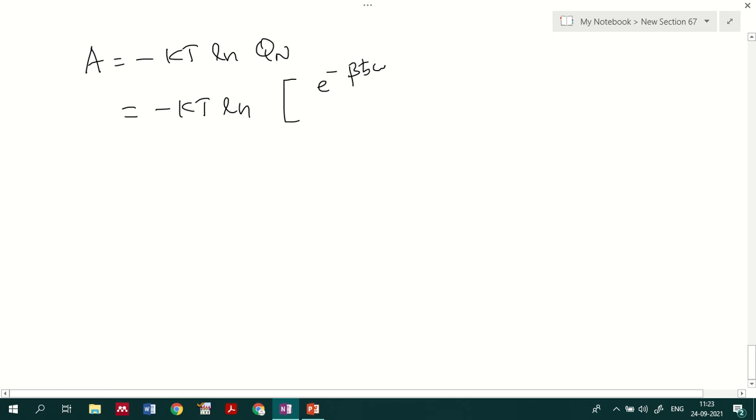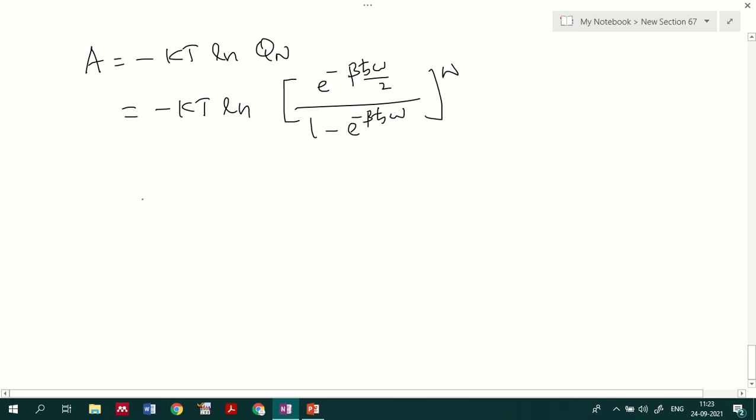Now once you have got the partition function, you have to find the Helmholtz energy, that is A equal to minus kT ln qn. So that is equal to minus kT ln of e raised to minus beta h cross omega by 2 divided by 1 minus e raised to minus beta h cross omega, the whole raised to n.